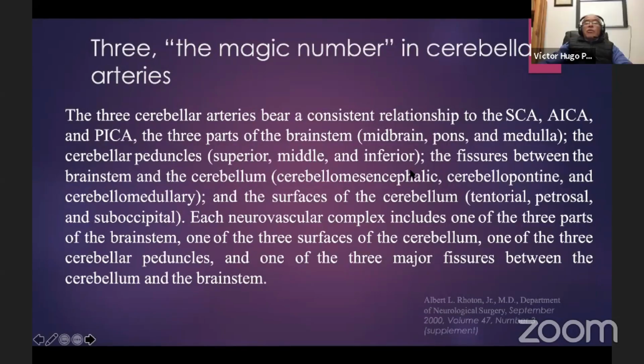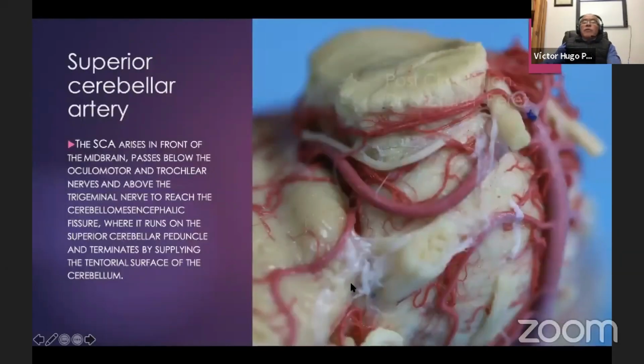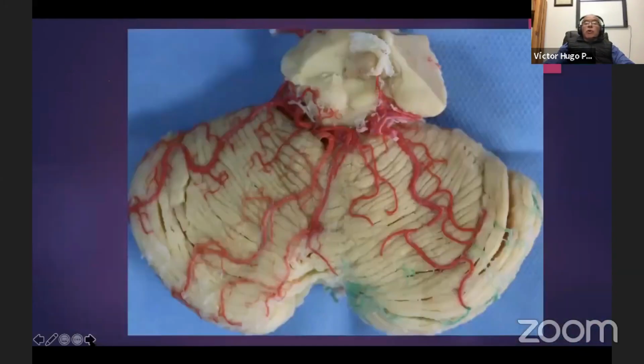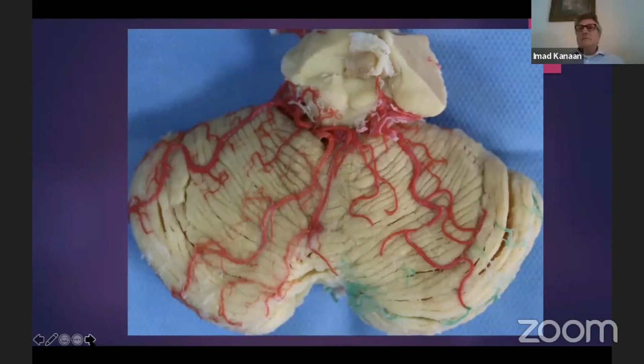Cerebellar arteries bear a consistent relationship to the superior, anterior-inferior, and posterior-inferior cerebellar arteries. Here we have superior cerebellar, anterior-inferior cerebellar, and some lower cranial nerves. This is irrigation coming from the superior cerebellar artery.